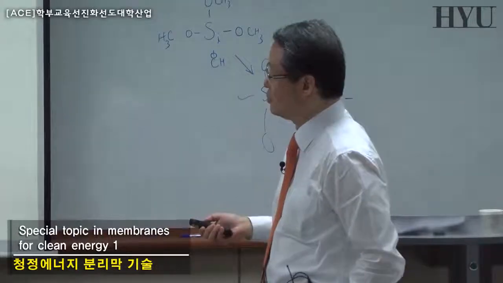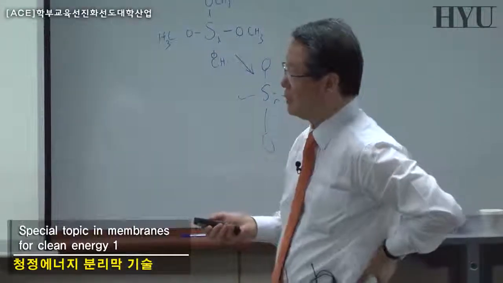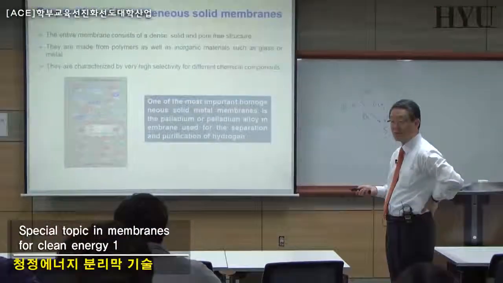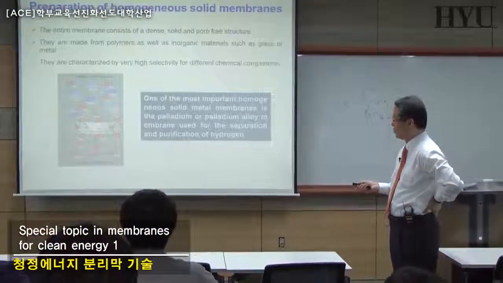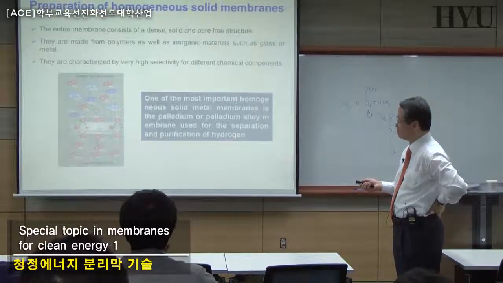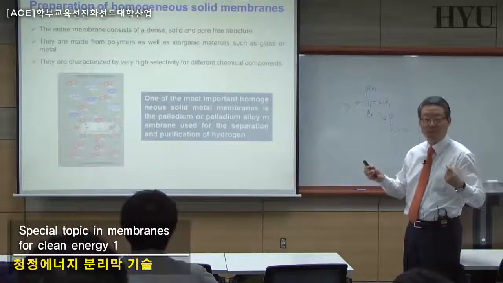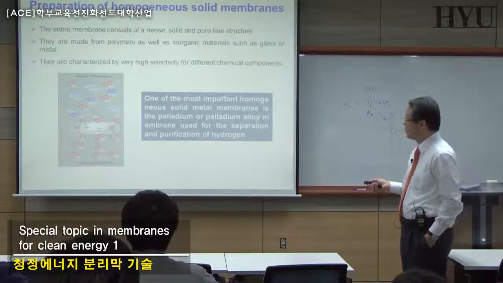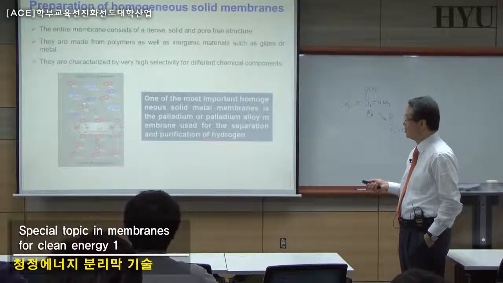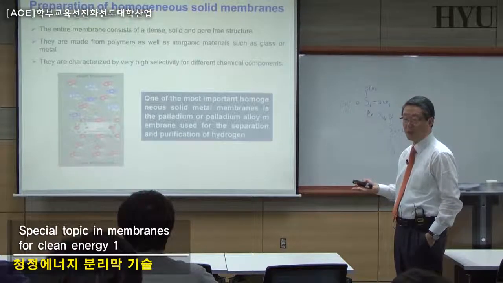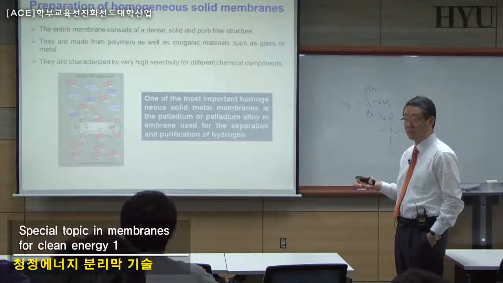In order for the IGCC process to be successful, we have to have efficient separation at high temperature using this palladium membrane. Because it's a metallic membrane, you don't have any pores. The reason the hydrogen is separated from the mixture of CO2 and water is the ionic transport mechanism rather than a porous mechanism.